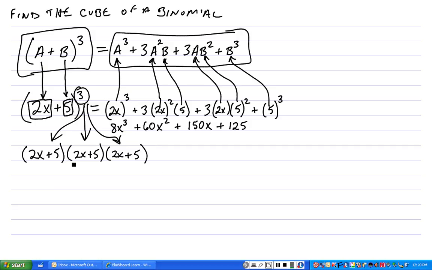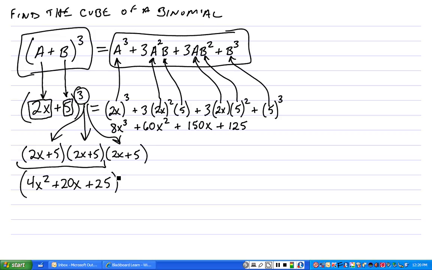So we could do the first two by doing FOIL. First times first gives me 4x squared. Outside gives me 10x, inside gives me 10x, so that's plus 20x. Last and last would be 25.